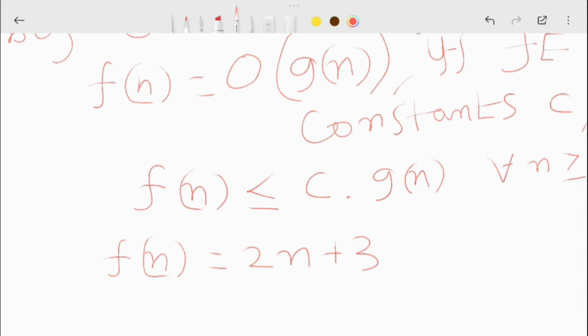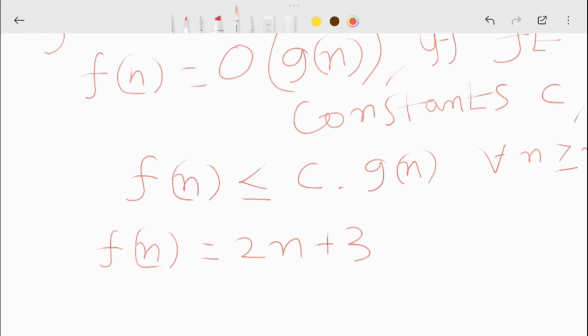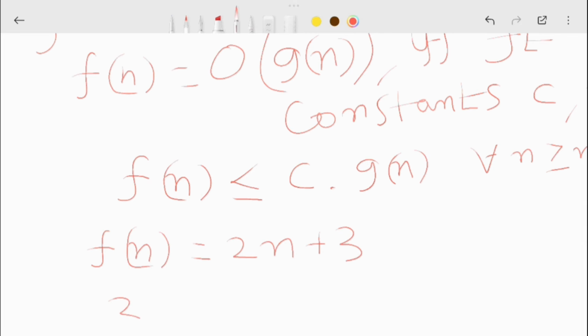So now we need to find two things: the value C and another function g of n. Here f of n is 2n plus 3, so 2n plus 3 should be less than or equal to some value.